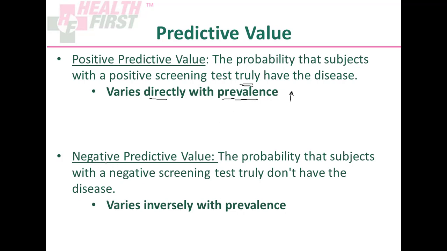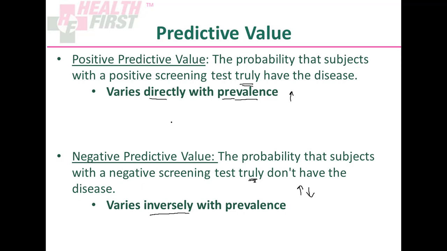And then the negative predictive value is the probability that subjects with a negative screening test truly don't have the disease, right? So this is basically when the test turns out to be negative. So with negative predictive value, it varies inversely with prevalence, meaning that if prevalence increases, the negative predictive value, or the predictive value of a negative test result, decreases.